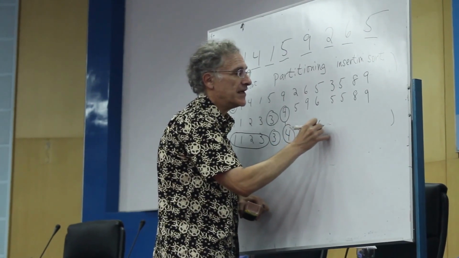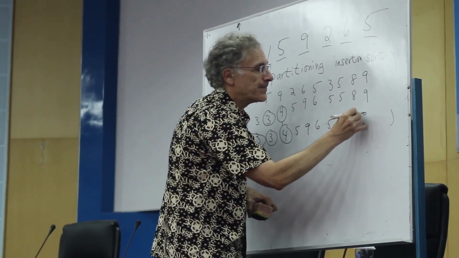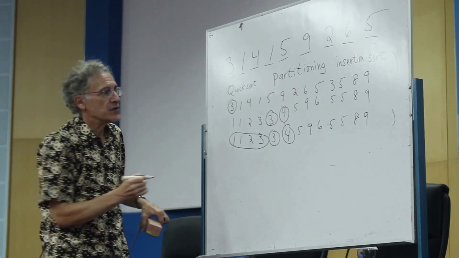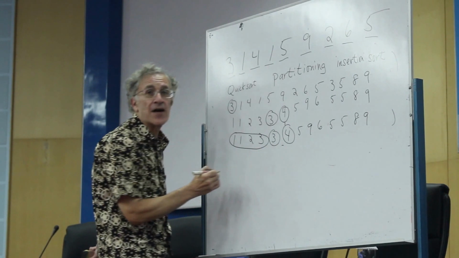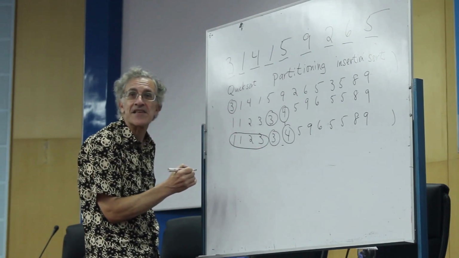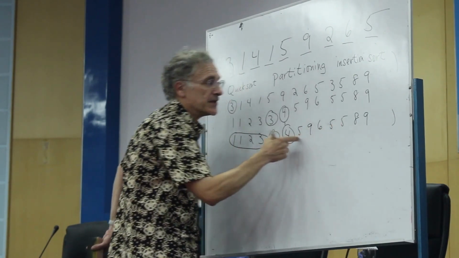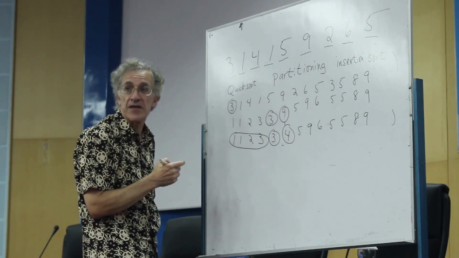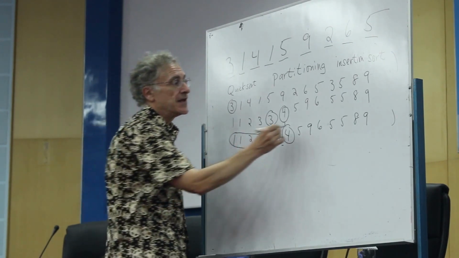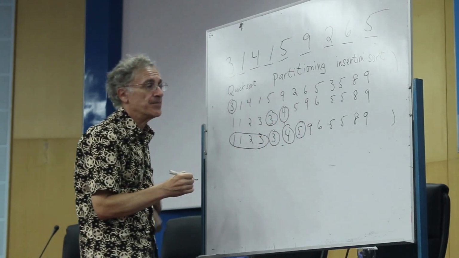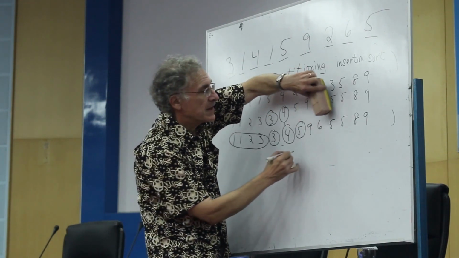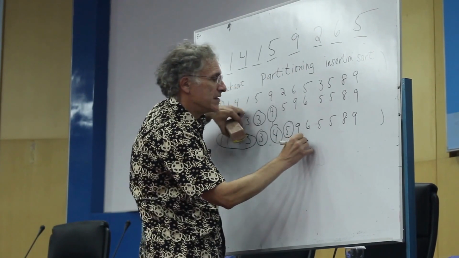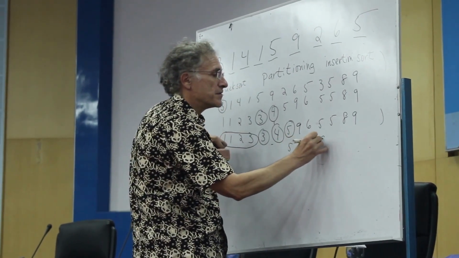Sometimes I am not lucky. Now, that divides the problem into the empty problem here, that's easy, and the problem here. I will now solve this problem as a new problem. It is shorter, a little shorter. Take the first element and partition. Well, here's a small number, here's a small number. Here is the partition element, here are the other numbers.